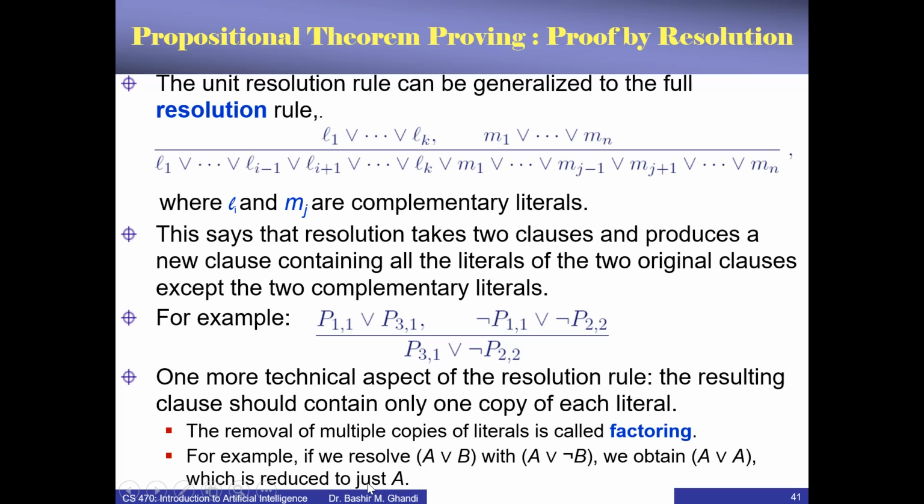So for example, if you have A or B, and also you have A or not B, then clearly B and not B are complementary, so we eliminate them. We'll be left with A or A. But we don't repeat a literal, so actually we're going to have just A.